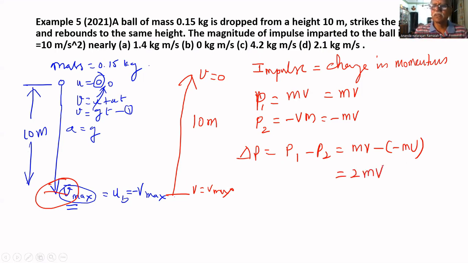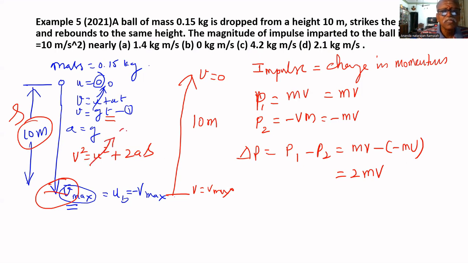Mass is given, velocity is not given, so we have to find the velocity. To find velocity, time is not given, but distance is given, S is given. That's why let us use this formula: v square equal to u square plus 2as. Here the initial velocity u is 0. That's why v square equal to 2 multiplied by a, that is g.